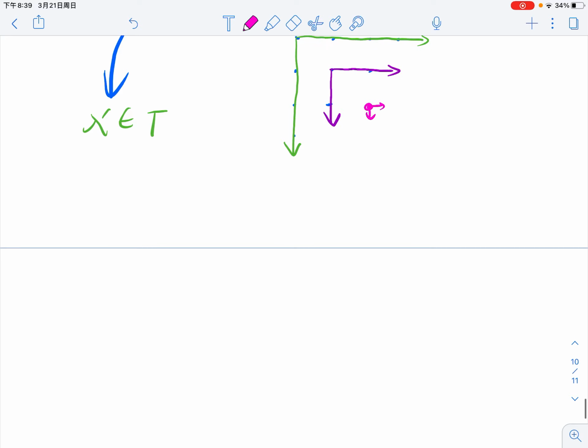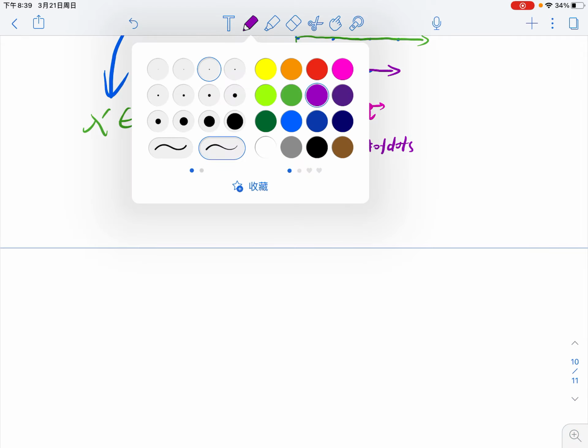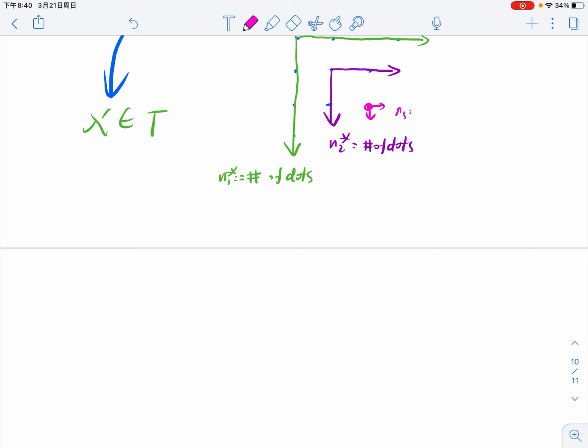And then you count the number of dots, let's call it n1 star. And then here, let's define n2 star to be the number of dots in those positions, and then n3 star the number of dots.